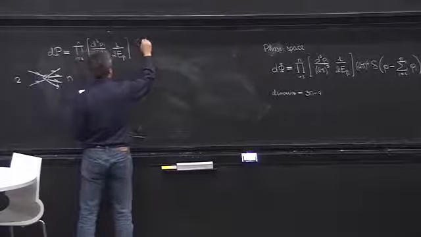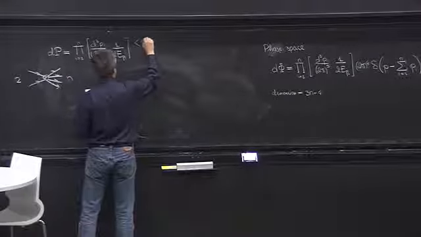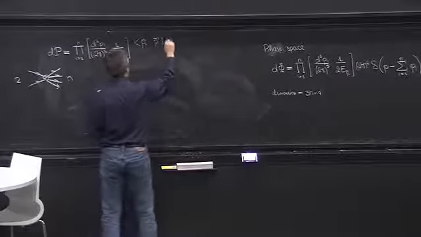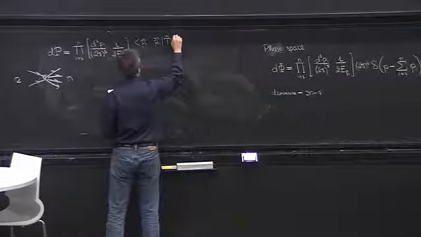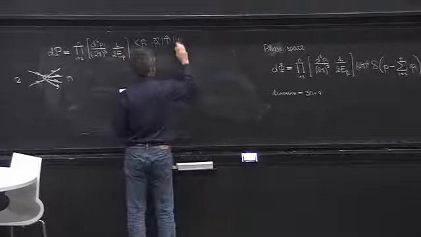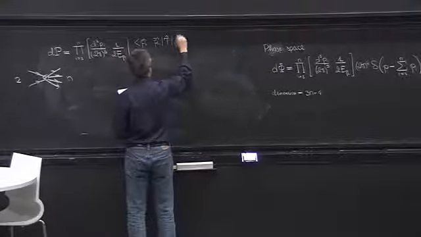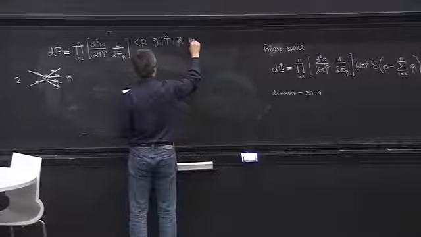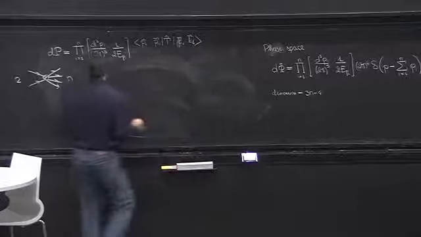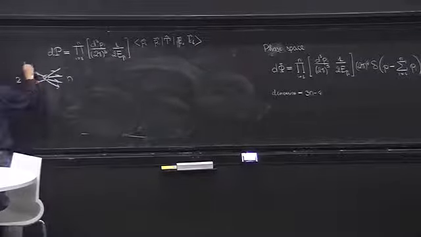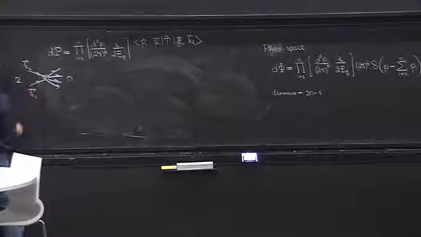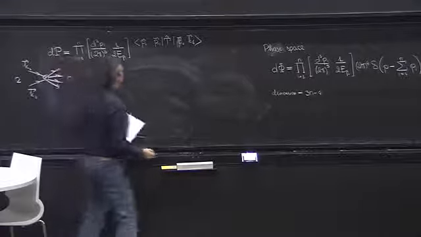Then we should take the square of the matrix element. And so let the momenta of the incoming particles be Ka and Kb. So we have particles with momentum Ka and Kb colliding with each other.